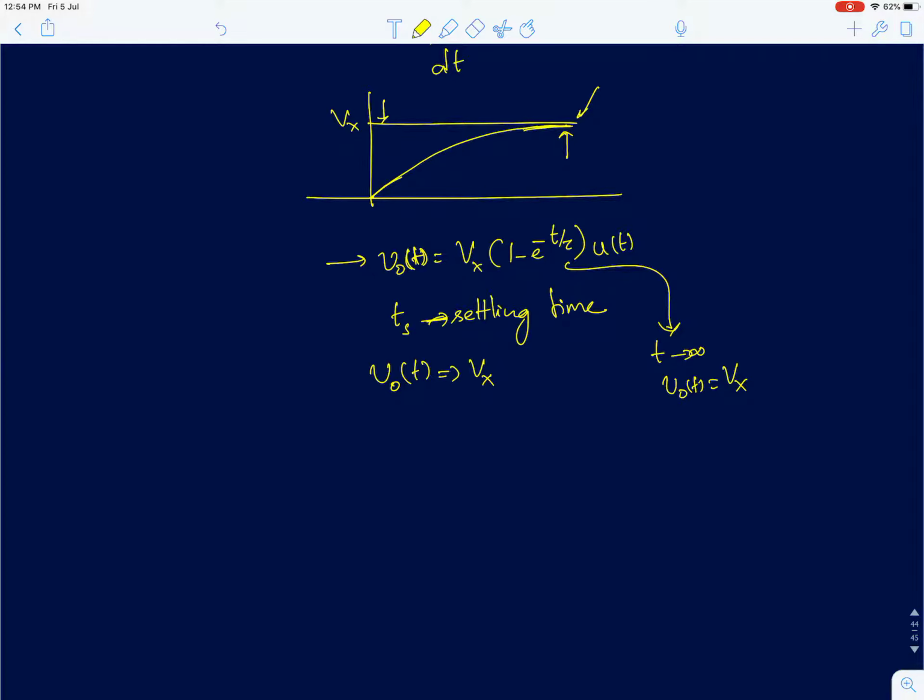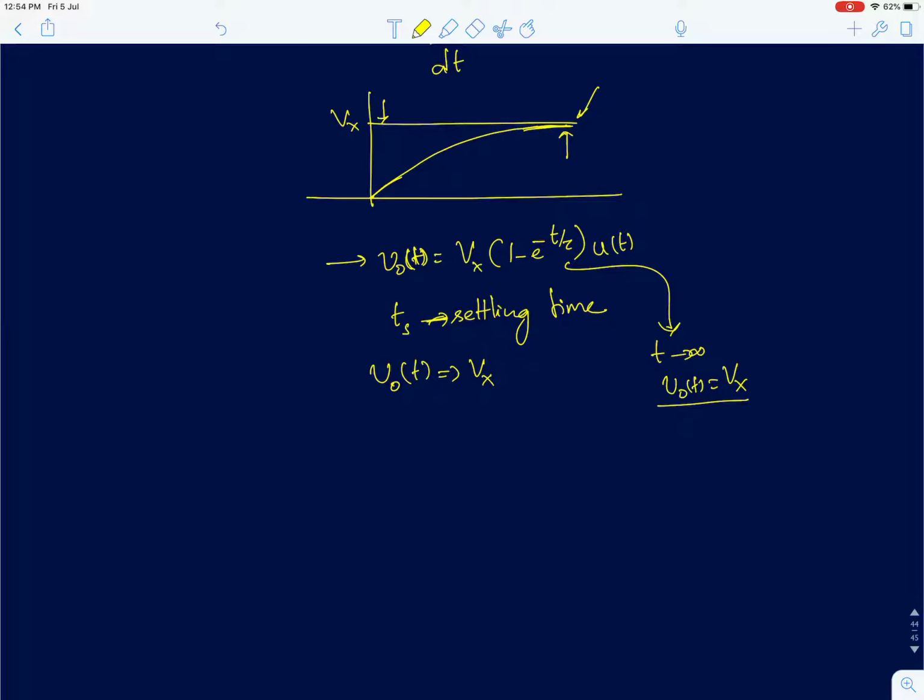I can't use that as a metric because that's not a finite value to compare. For any system with any time constant, the settling time would always be infinity. So rather, we'll start using a more practical way of defining settling time. Instead of waiting till the output reaches Vx, we'll find a value when your output is very close to Vx.